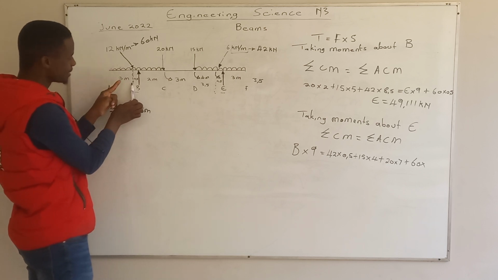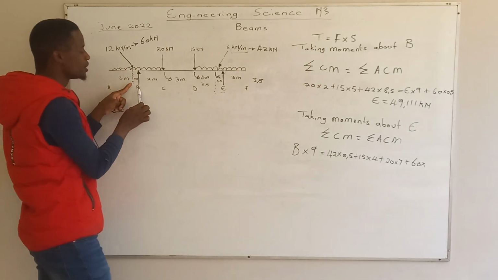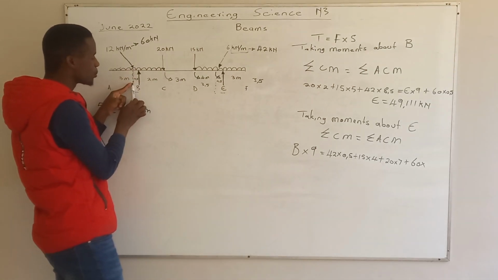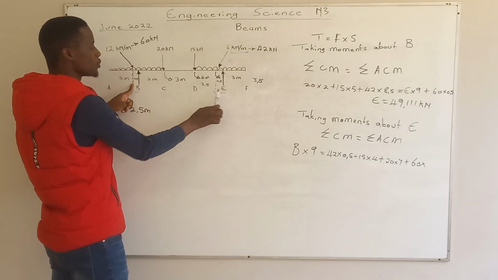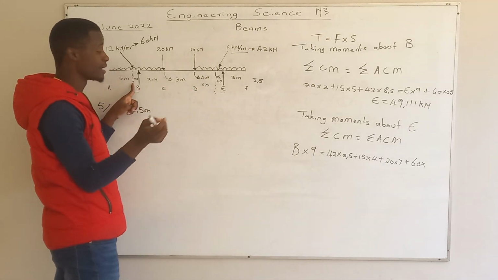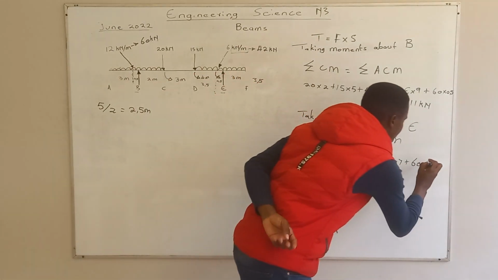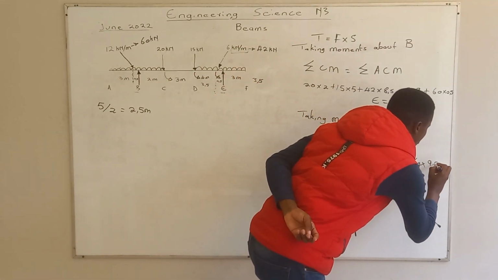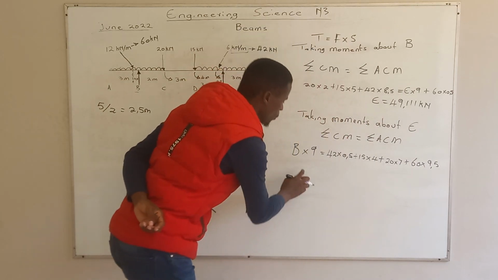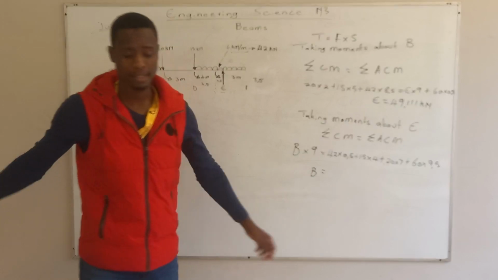So 60 multiplied by the distance from 60 now. Remember I said this thing is 0.5 meters from B, but we need the distance from this 0.5 up until E. So from here up until here we have 9, and then we still have this 0.5. So it means we'll be having 9.5 here. 9.5. Now we'll be solving for B. Solving for B, you divide everything by 9.